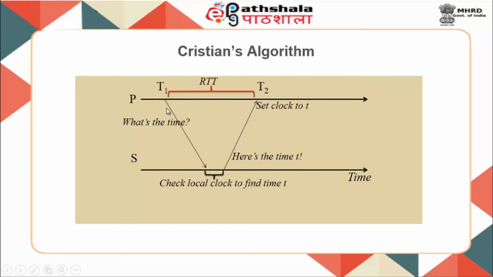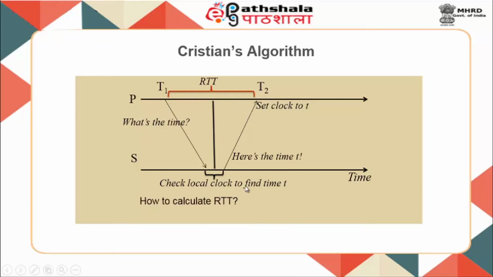Now, what should we do with RTT? Half of this time is what we should consider, because t was approximately calculated here. So, half of RTT is what we should adjust our clock with.